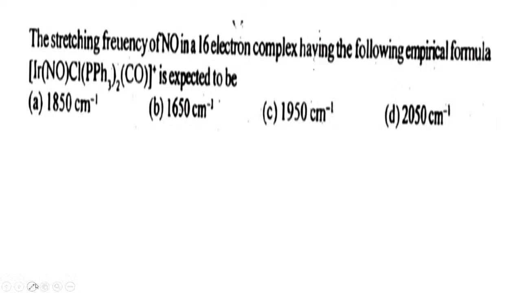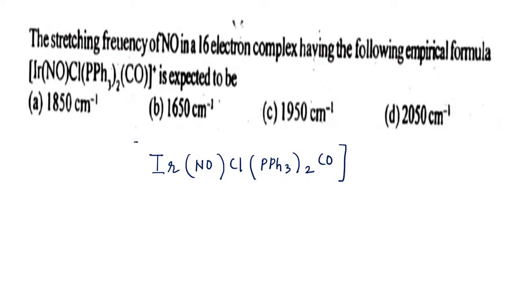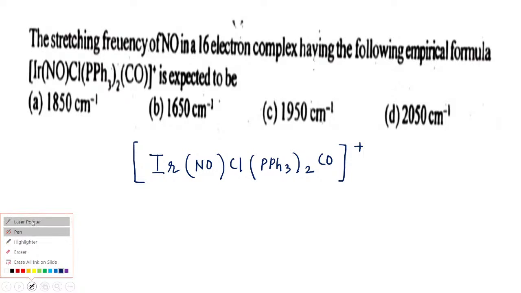I'm just reading this question, in case it's not clear to some of you. I'm writing down the complex. This is the complex, and the question is about the stretching frequency of nitrosyl in a 16 electron complex.